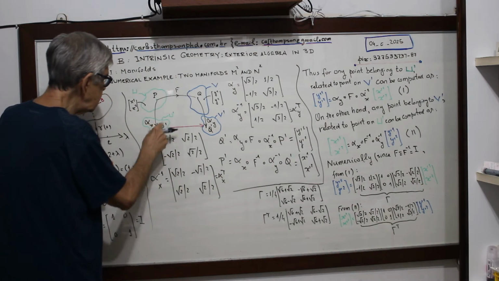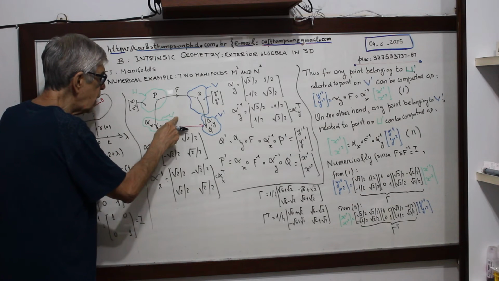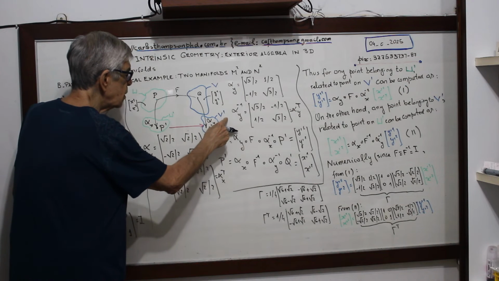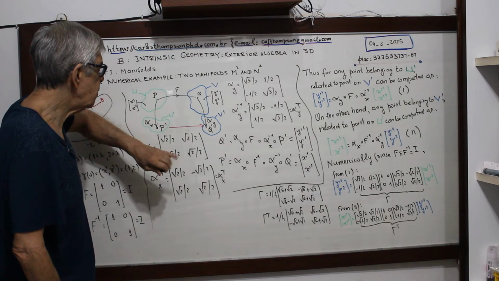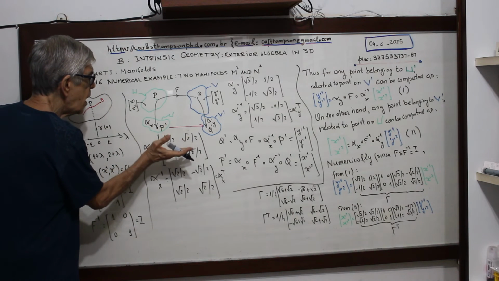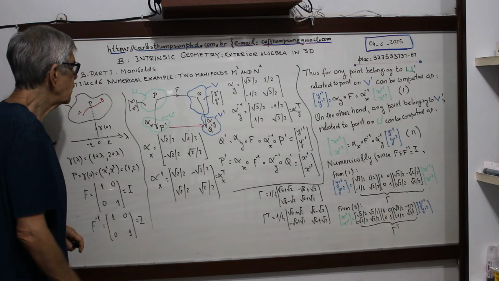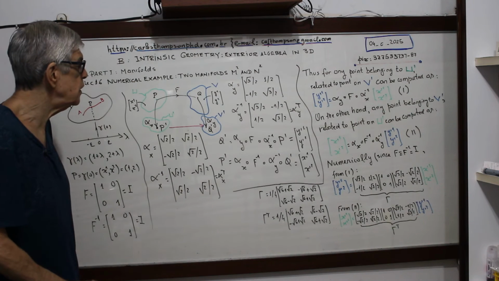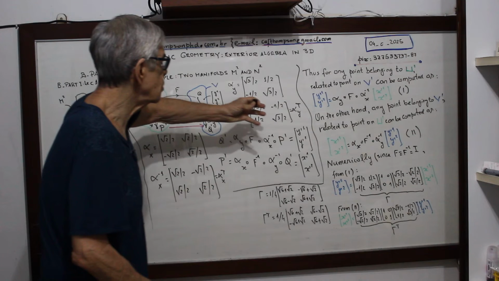I'll call any point here on this U prime, the chart, and any points here in this chart V prime. I choose points here, then I bring back 2 points over here and I construct this chart U and chart V.